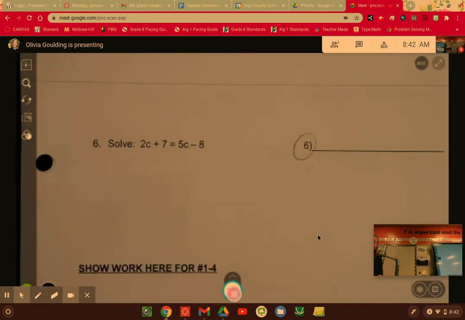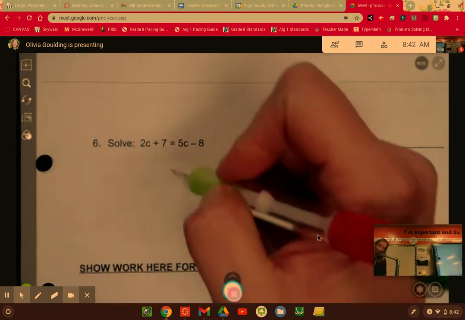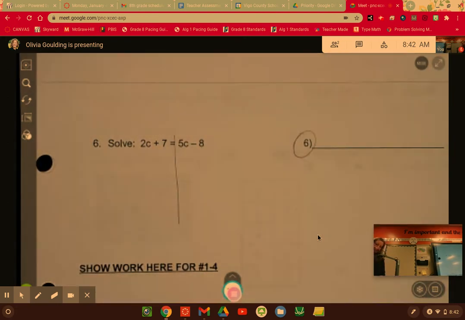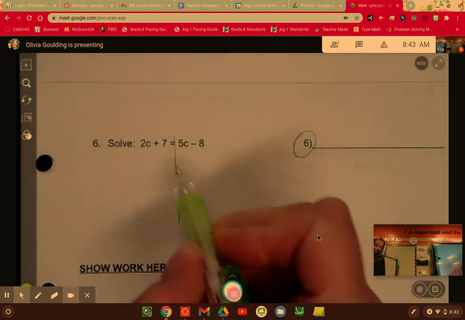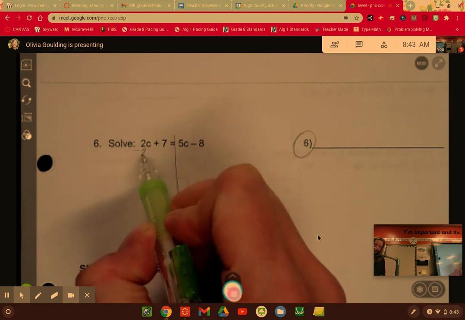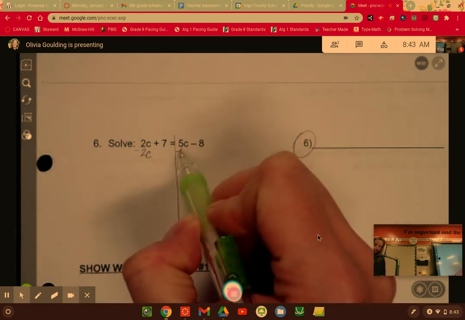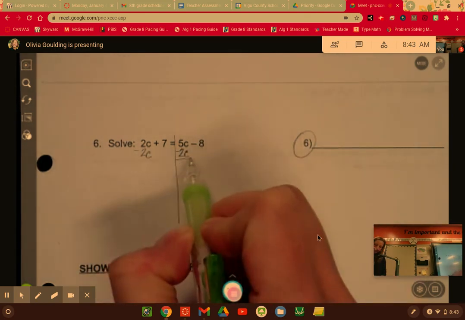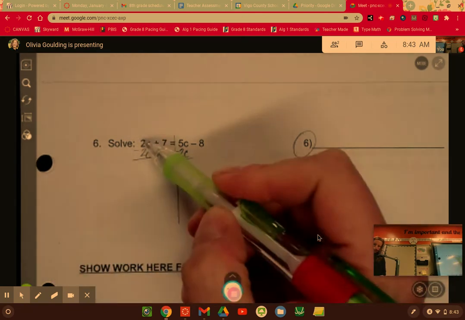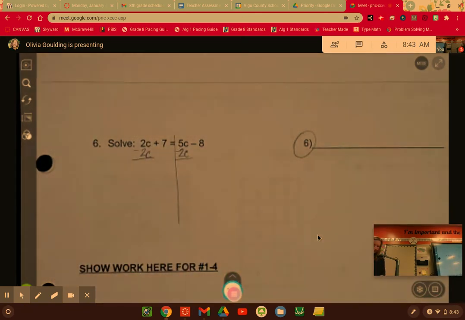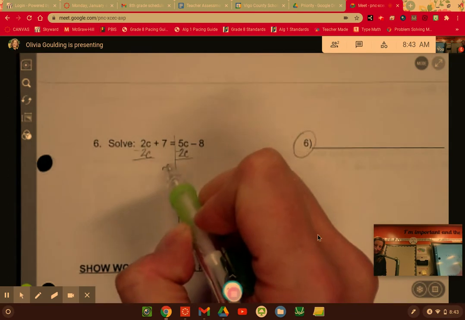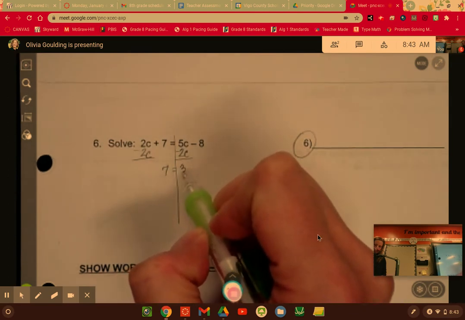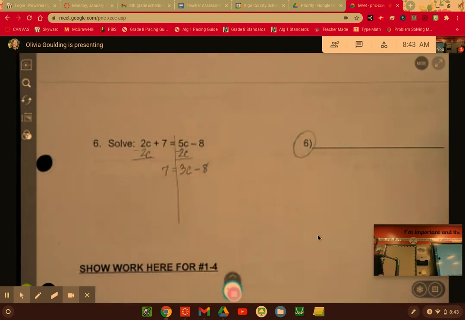Is this not like the thing where you put 2 lines on the side? Yes. So we're going to start, and there's lots of ways that you could start. I sometimes like to start with my variables. So I'm going to subtract 2c from both sides, and I get 7 is equal to 3c minus 8. All right?